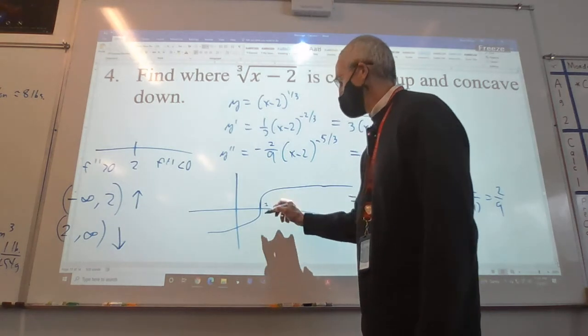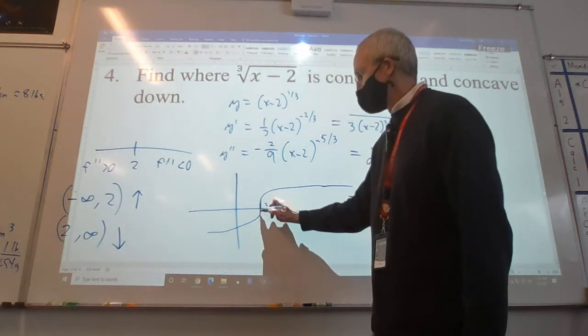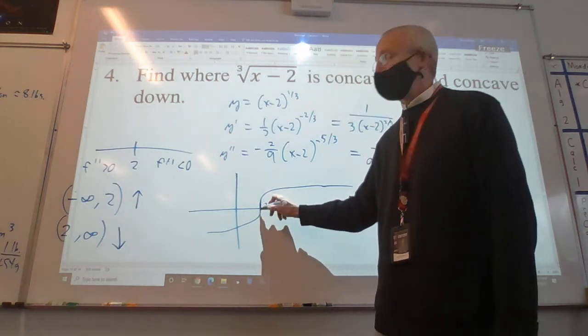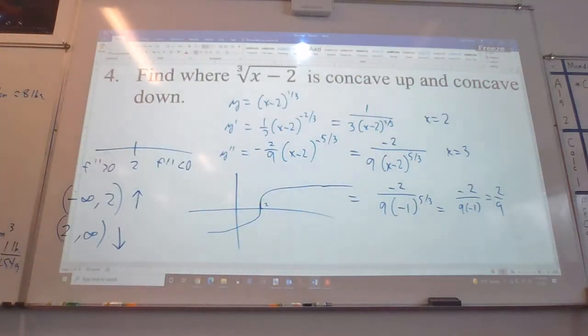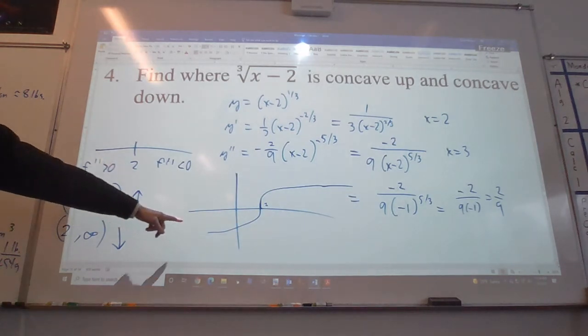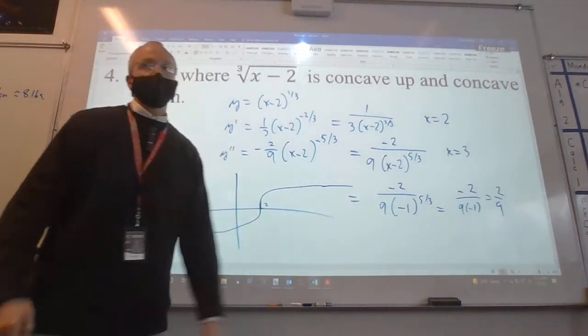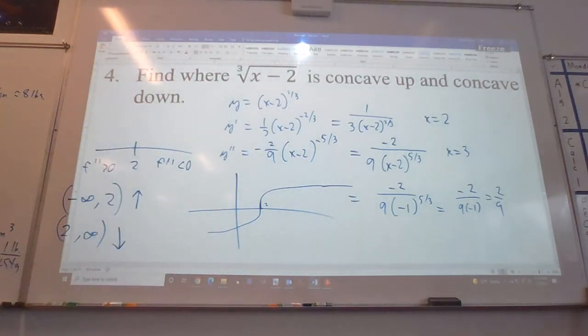And it's undefined. It's straight up and down there. It's a vertical slope right there. And then it goes to 0 like that. So that's what this graph actually looks like, which makes sense. It's never a slope of 0 except at negative infinity and positive infinity. It's got an infinite slope at x equals 2. Anyway, kind of cool.